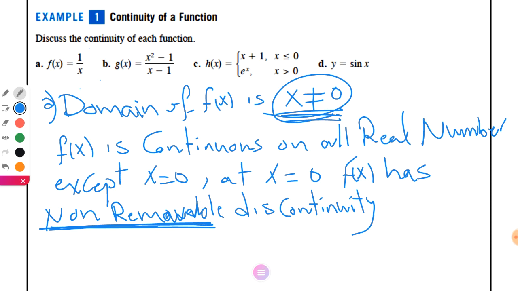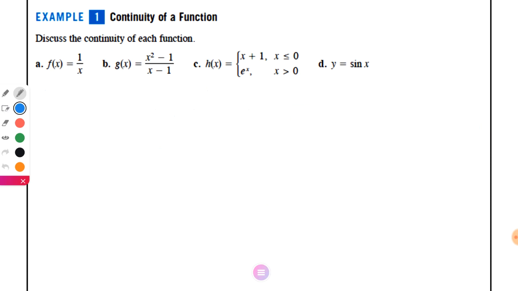So I have to define the domain to discuss the continuity. According to this, I can discuss the continuity because any function is continuous on its entire domain. By the same way, look at part B. This function is rational.